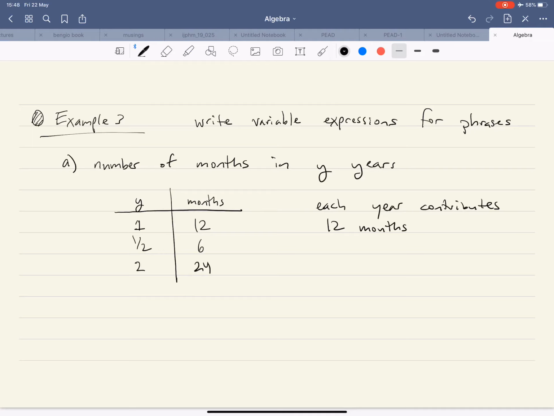So to get the number of months in y years, we just multiply y with 12. Right? Because for every year that we have in y, it's going to be 12 months, right? So it'd be like y of these 12s, so to speak.